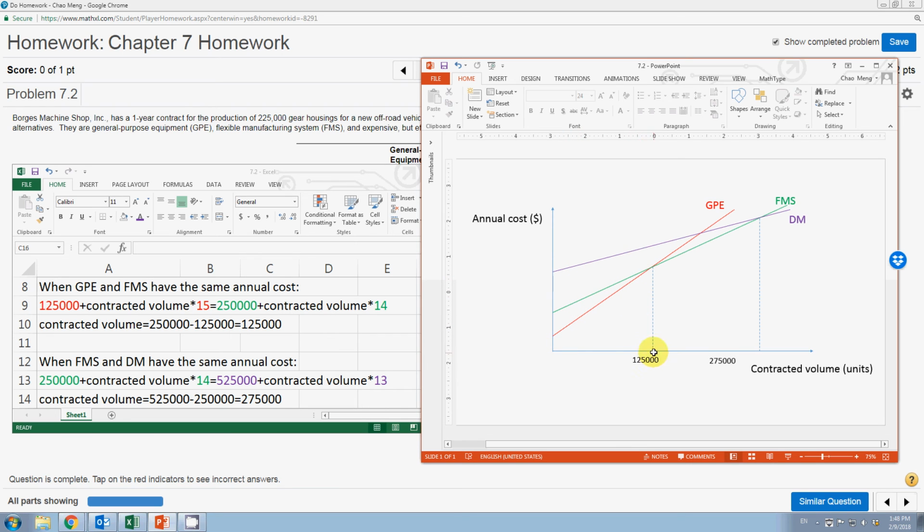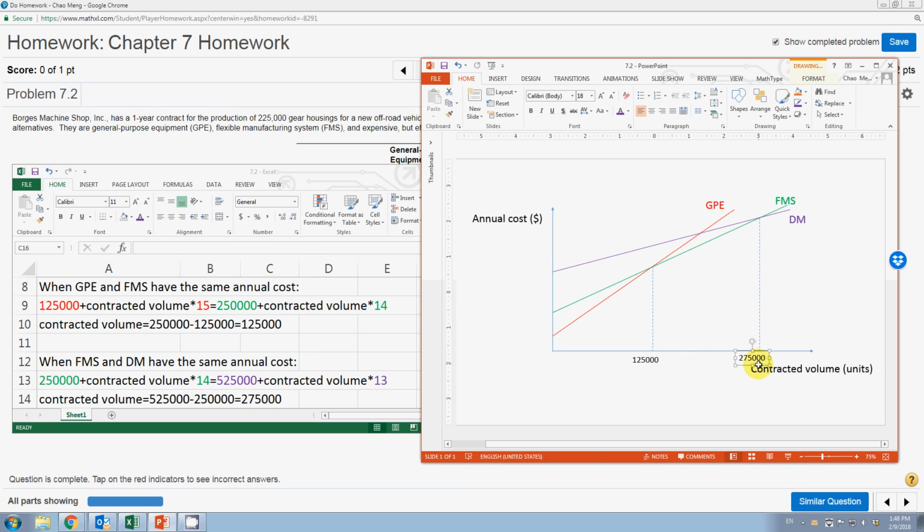That means if the volume is below this point, it's better to use the GPE. But if the volume continues to increase, which one has the lowest cost? The FMS, the green one, is the lowest. Okay? So it should be between those two numbers that we calculated. So if the volume is between those two numbers, it's going to be better to use the green one, which is the second option, the flexible manufacturing system.